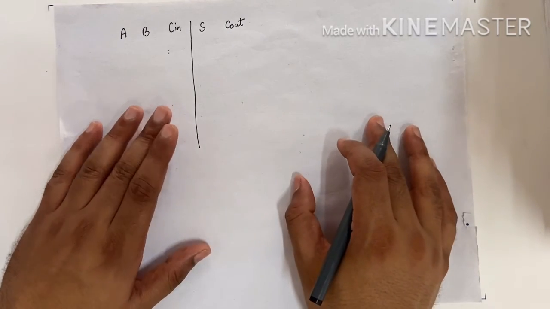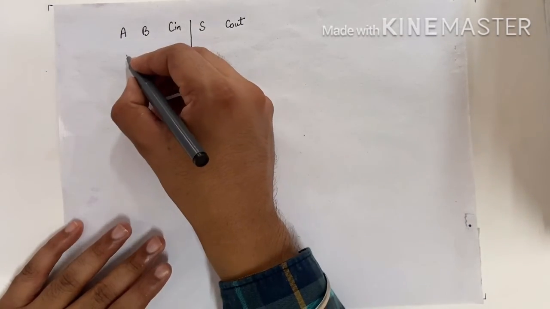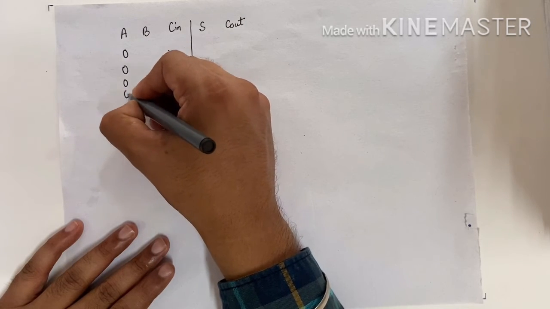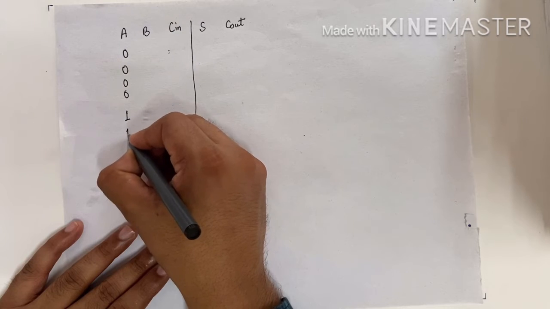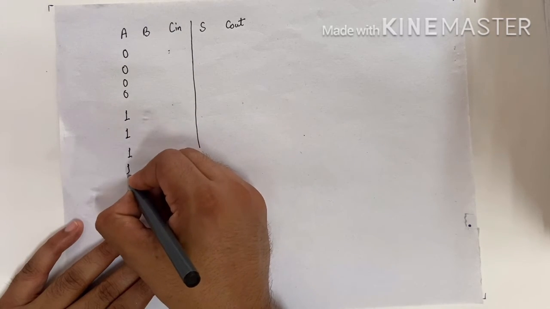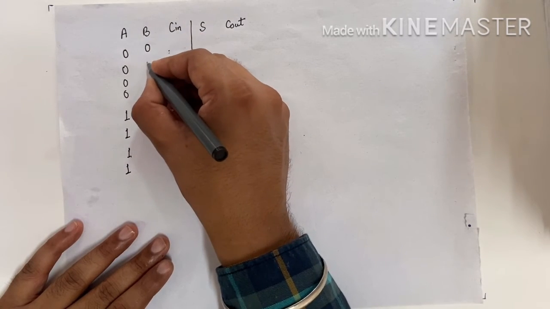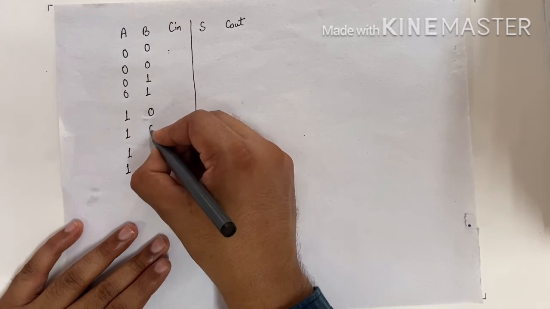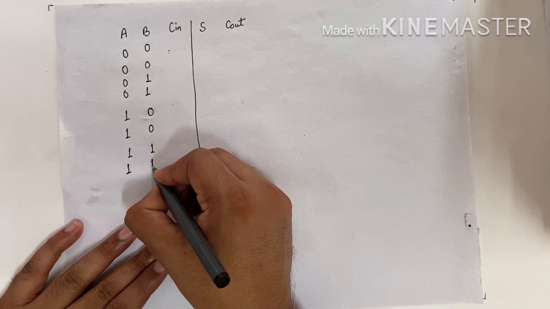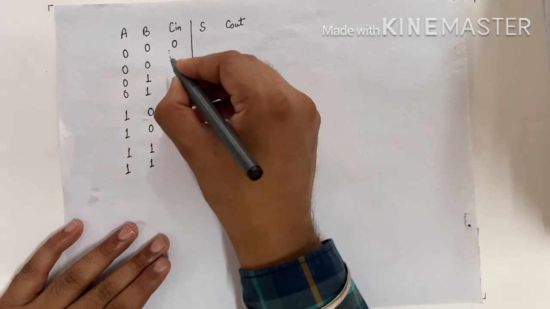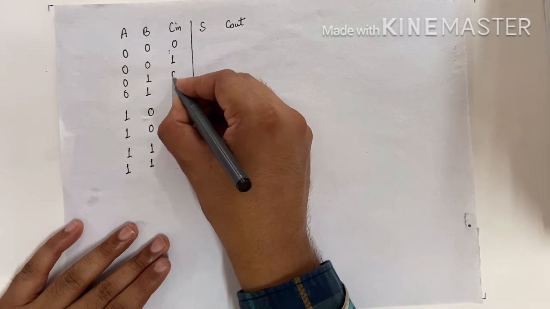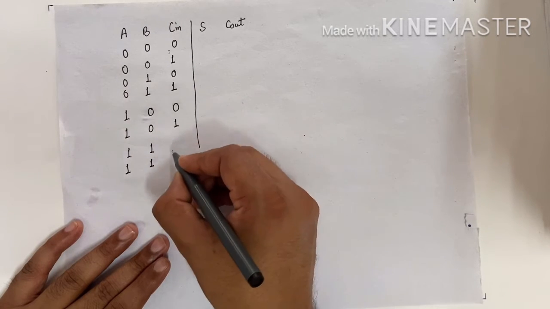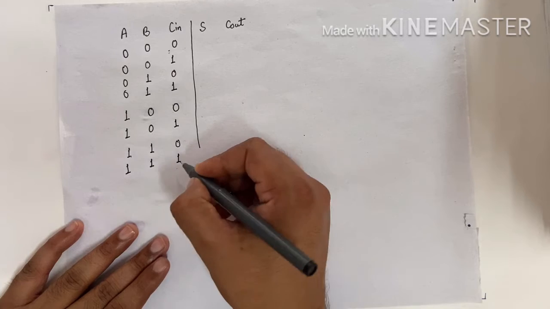First we have to mention the possibilities of 3 variables. So we put four 0s, then four 1s, then two 0s and two 1s, two 0s and two 1s, then alternate 0 1 0 1 0 1 0 1.